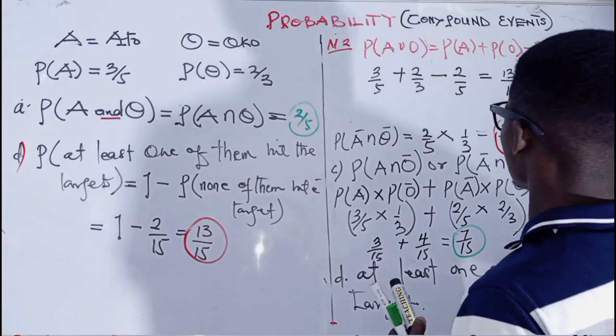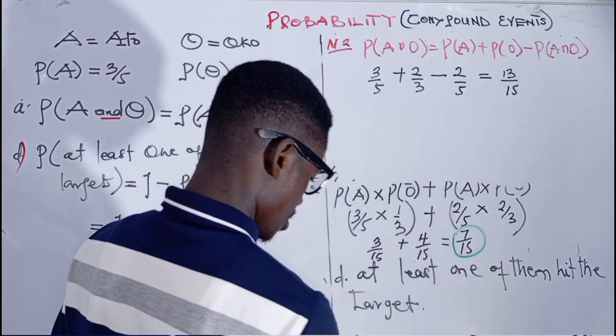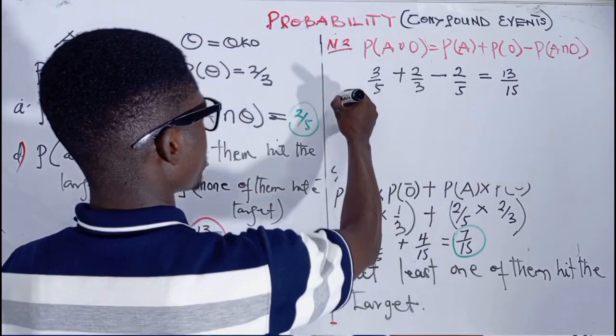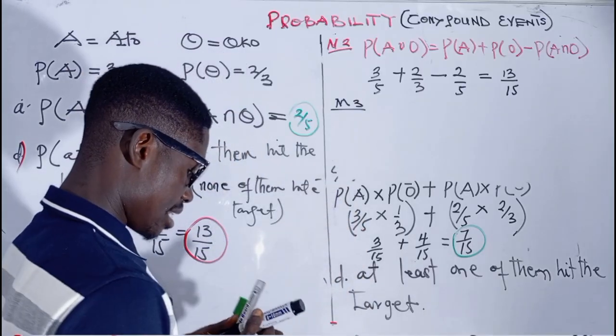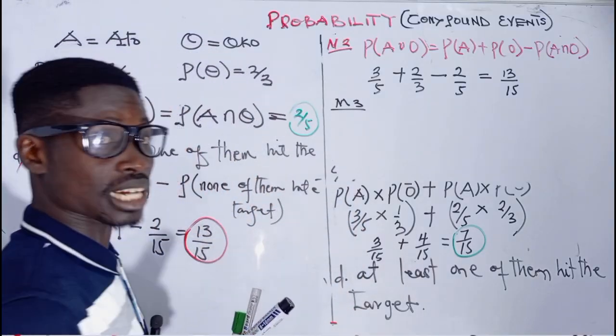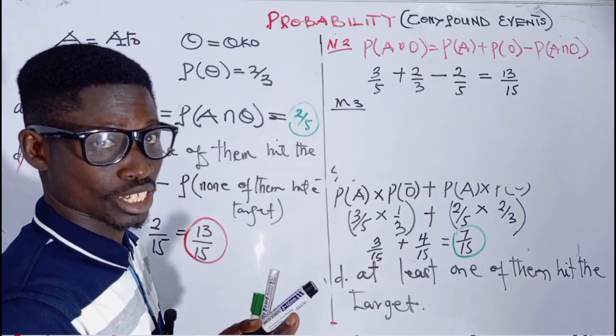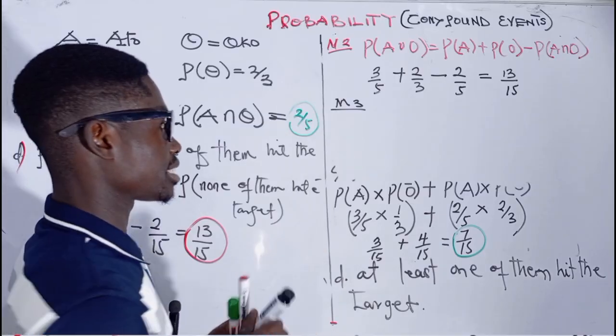Let's look at another approach. We have method 3. The probability that at least one of them hit the target means that one of them should hit the target, or the 2 of them should hit the target.